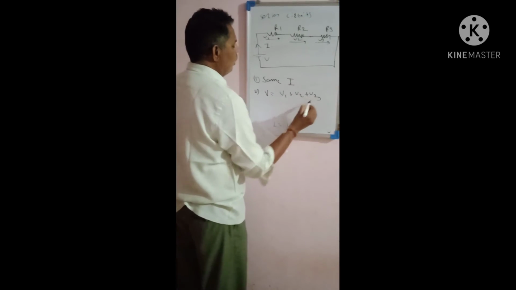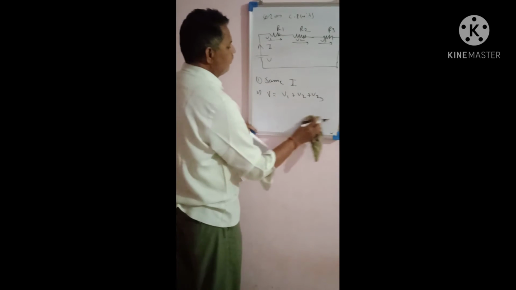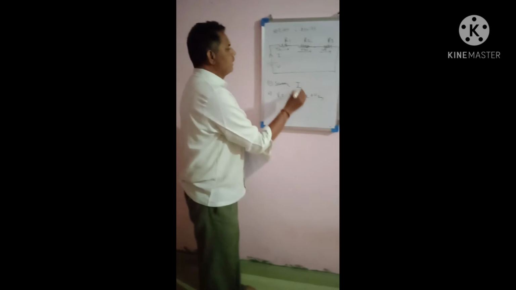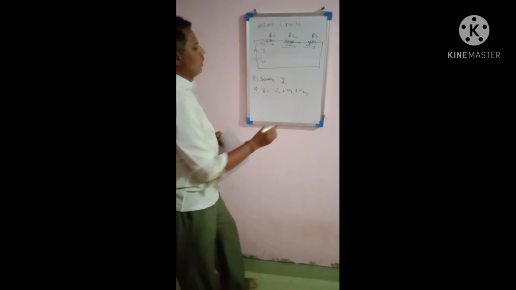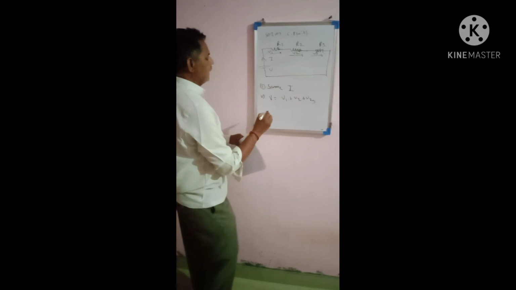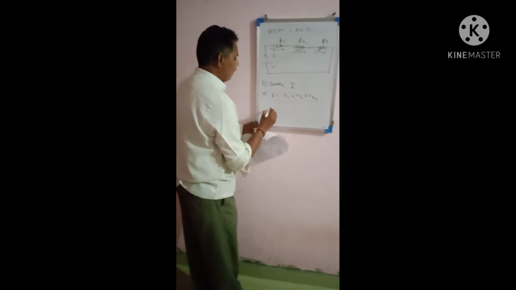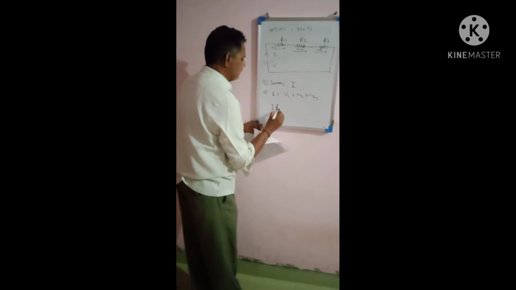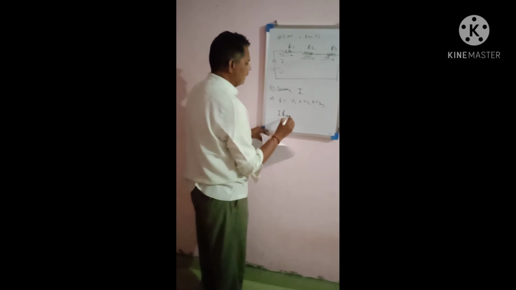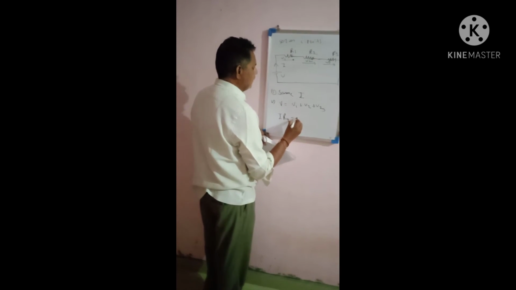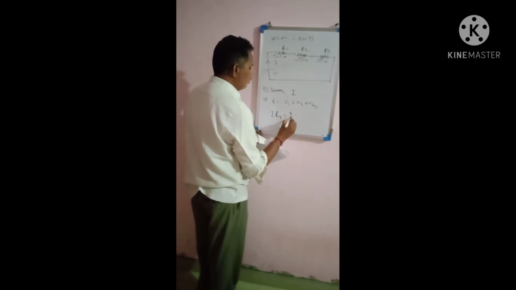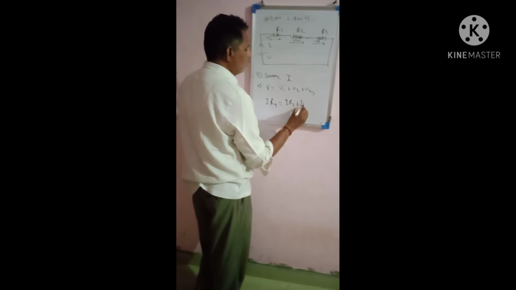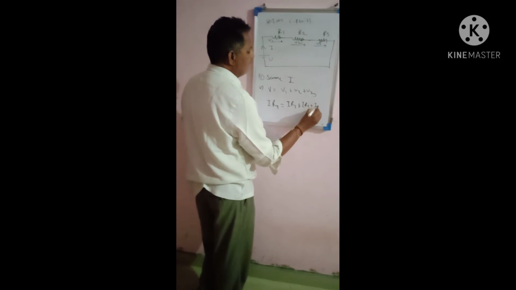Means V equals V1 plus V2 plus V3, where V1 is the voltage drop across R1, V2 is the drop across R2, and V3 is the drop across R3. The supply voltage is the circuit current I into the total resistance R total, equal to V1, which is I into R1 according to Ohm's law, plus I into R2, and V3 is I into R3.